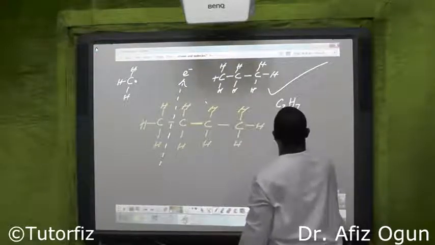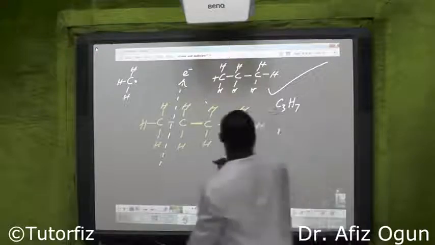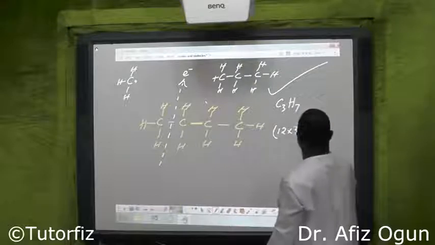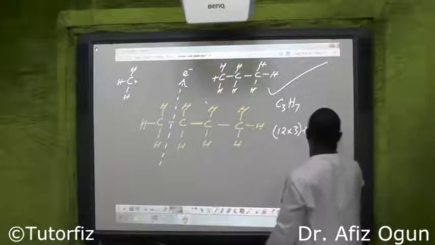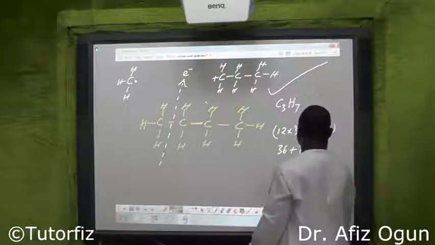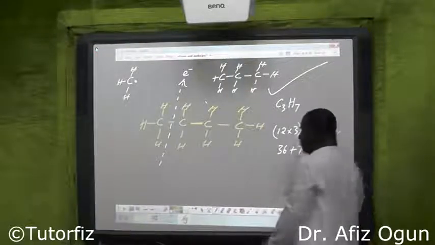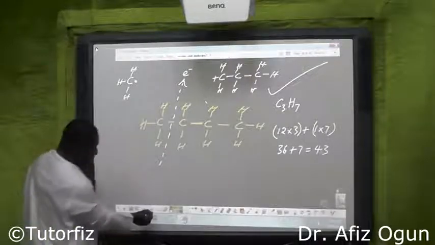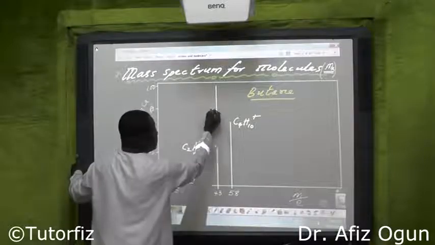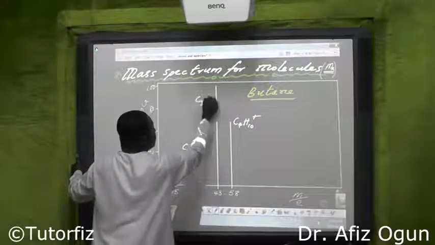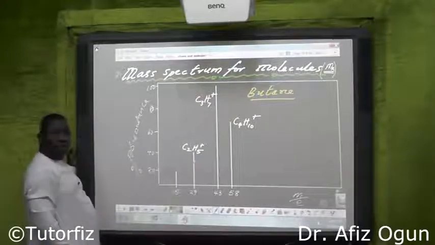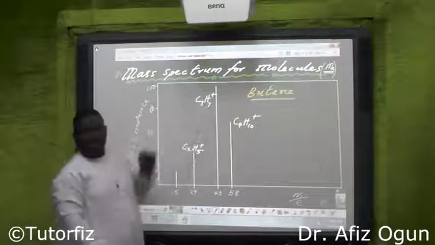So C3 is 12 multiplied by 3 plus 1 multiplied by 7. We're looking for the molecular mass of that. So 36 plus 7, this gives us 43. This is responsible for the peak at mass 43. What is responsible for it? C3H7 plus. So that is what is responsible for that peak.